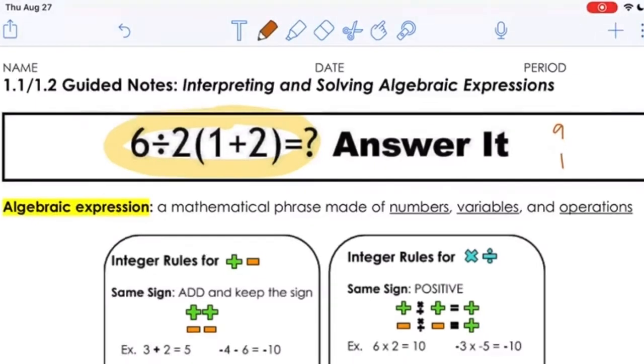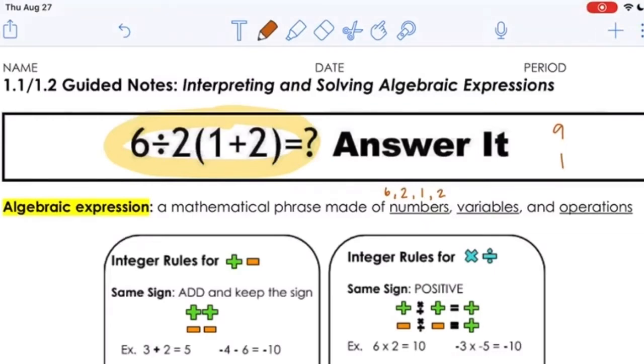This is an algebraic expression that we're trying to solve. An algebraic expression is a mathematical phrase. It's almost like a math sentence, and it's made up of numbers. We see those here, right? We see the numbers 6, 2, 1, and then there's another 2. Sometimes algebraic expressions include variables. Variables are letters.